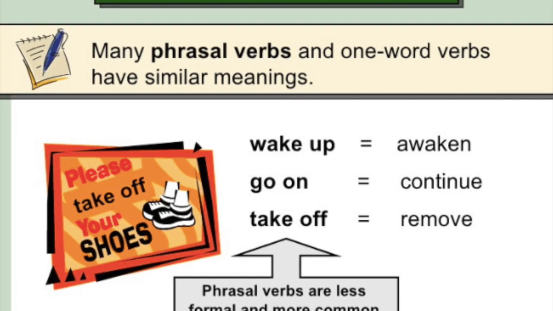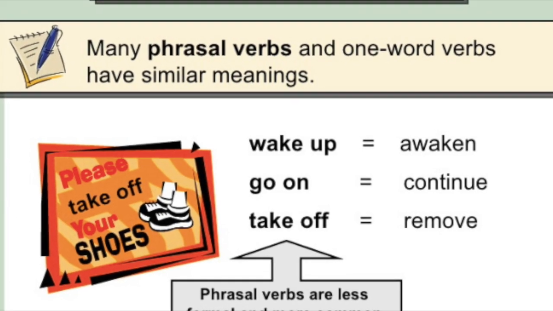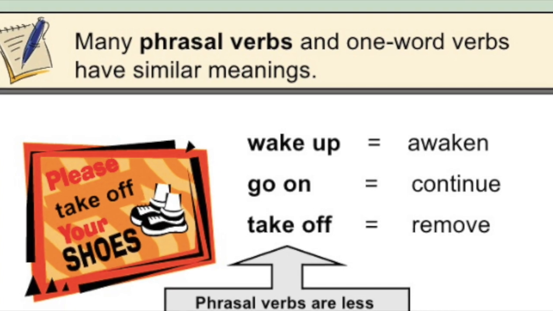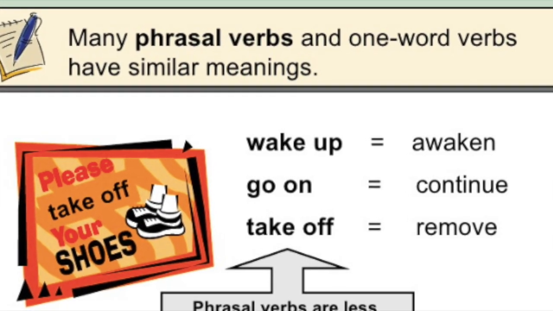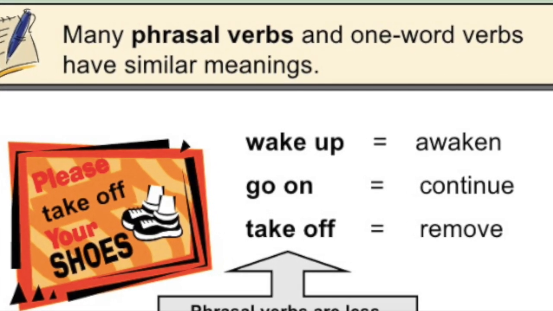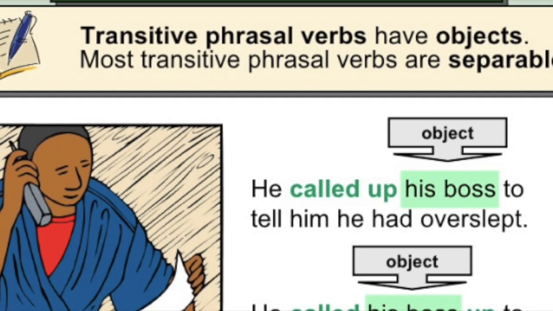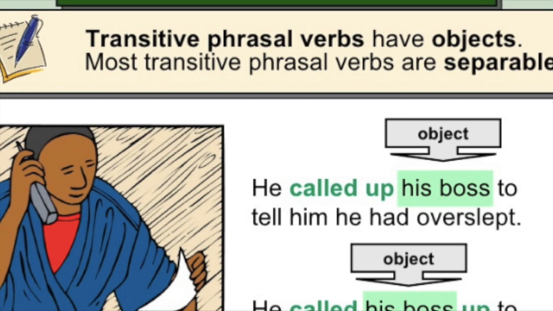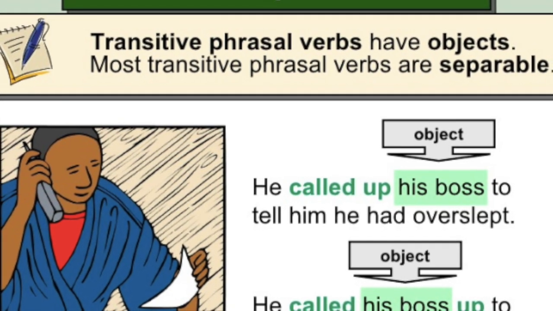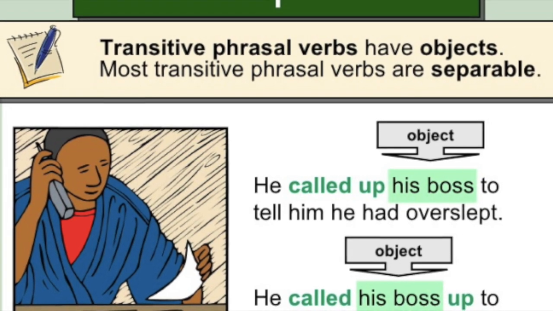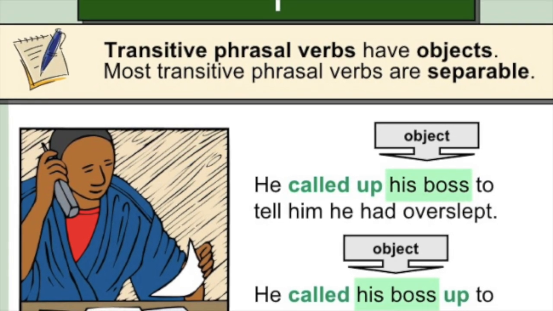Many phrasal verbs have one-word verbs that are similar, but a little more formal. It's more common to use phrasal verbs in informal situations. Transitive phrasal verbs have objects, and most are separable, meaning the object can be placed between the verb and the particle, or be placed after.